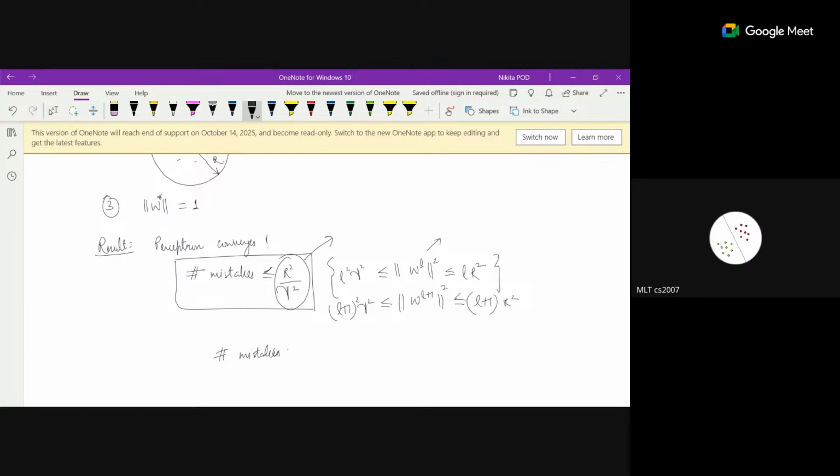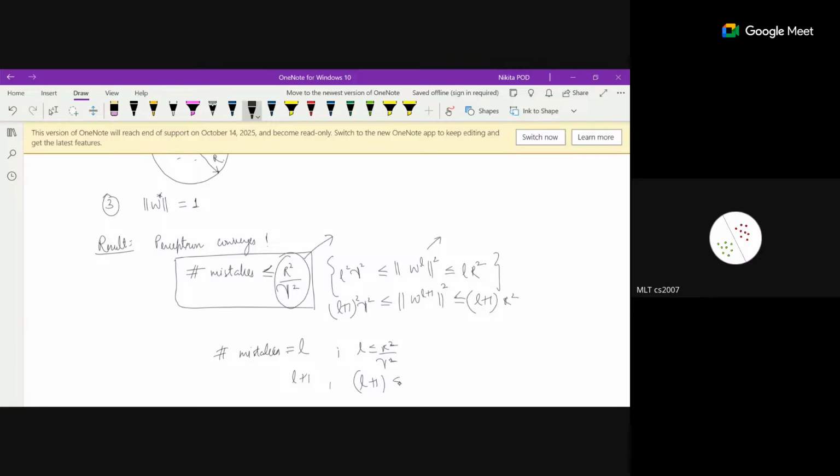So I'm saying this L is less than or equal to R square by gamma square, correct? If I'm writing the number of mistakes to be L plus 1, then I will say L plus 1 is less than or equal to R square by gamma square.